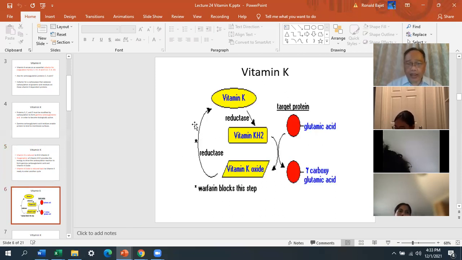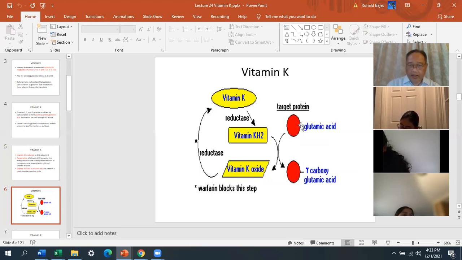So here we have vitamin K in the liver, made in the liver. A reductase enzyme will reduce this to vitamin K H2, the H2 meaning that it's reduced. Here you have glutamic acid. It's the target protein. Glutamic acid will combine with the reduced form of vitamin K and oxidize it to vitamin K oxide.